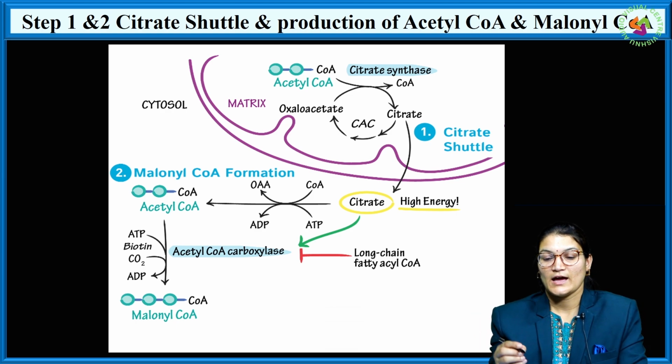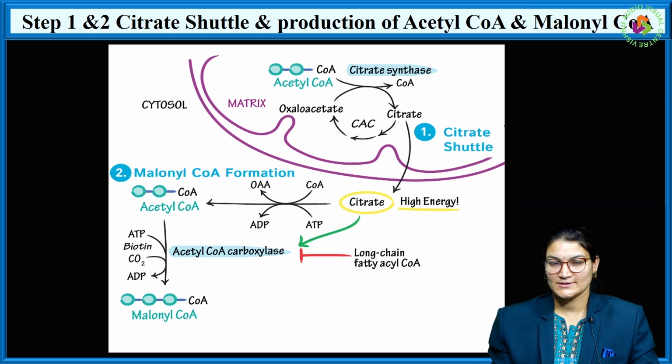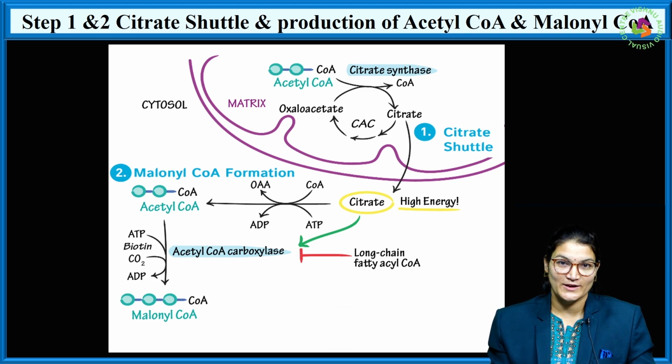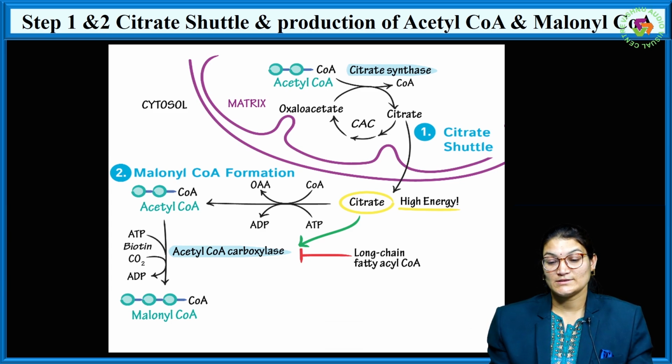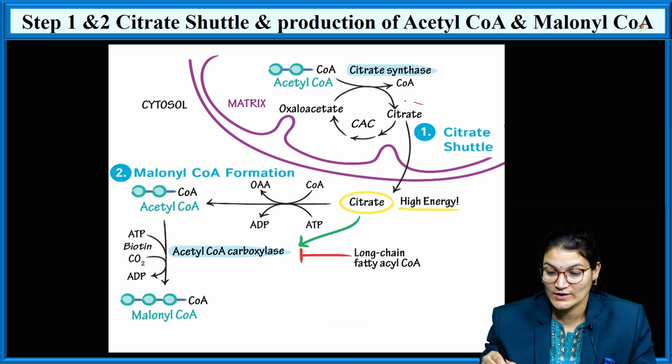Acetyl coenzyme A is the end product of many processes. As we discussed, it is the end product of beta oxidation and omega oxidation, and it is also synthesized from the glycolysis cycle. So there is a lot of acetyl coenzyme A in the cells, which gets converted into citrate.